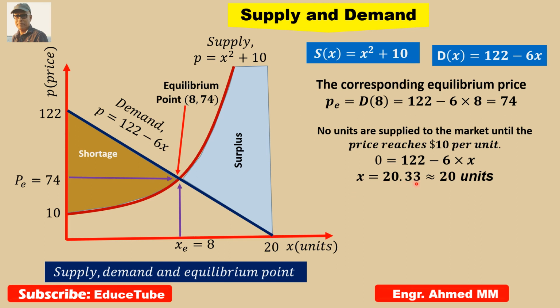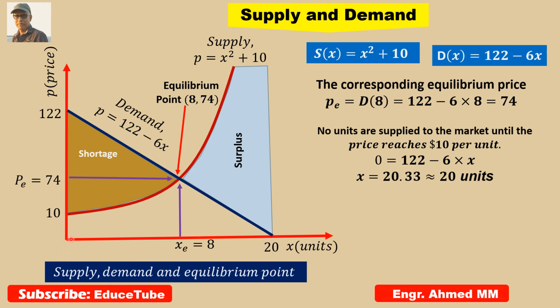So x equal to 20.33, but I put an integer, 20 units. So x value 20, so it is kept here. So what we got here? We got two values, x equal to 8 and x equal to 20. Here x equal to 0.